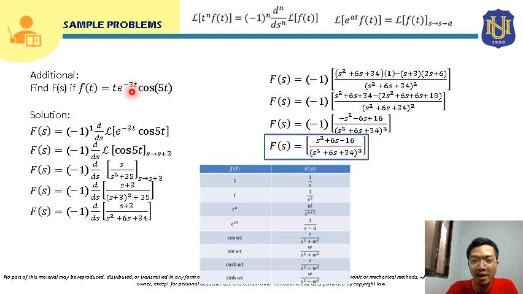You first apply first shifting, and the f of t for that will be t times cosine 5t. Then for the Laplace transform of t times cosine 5t, you will apply this. So try to solve that and see if that way will be easier. It's for you to judge if you answer that.